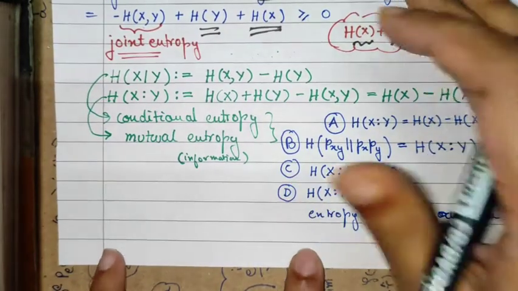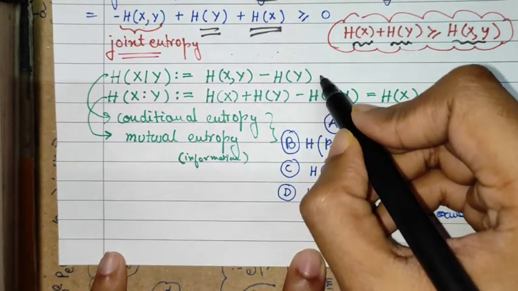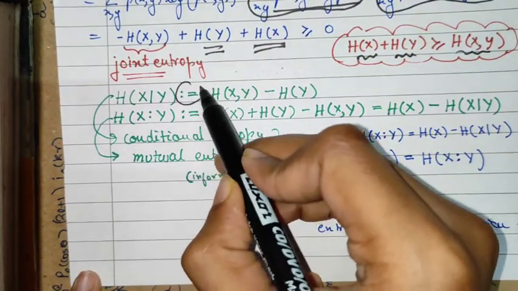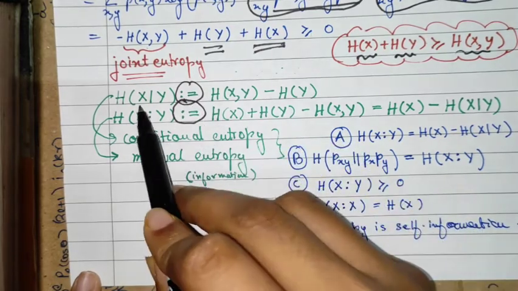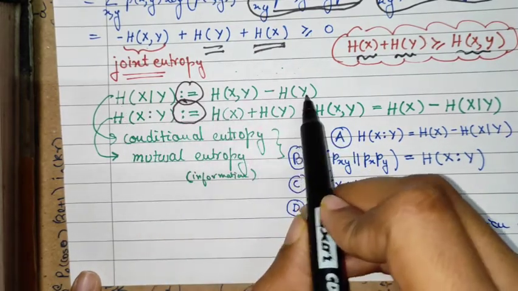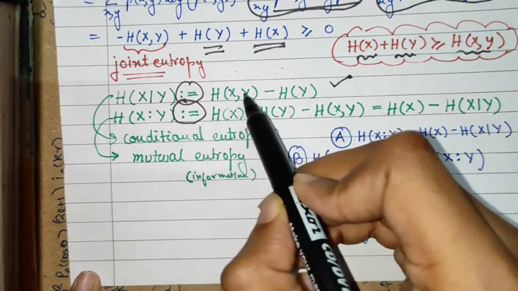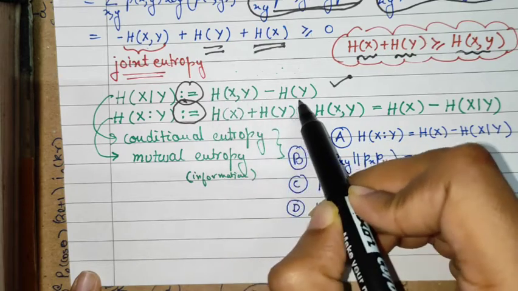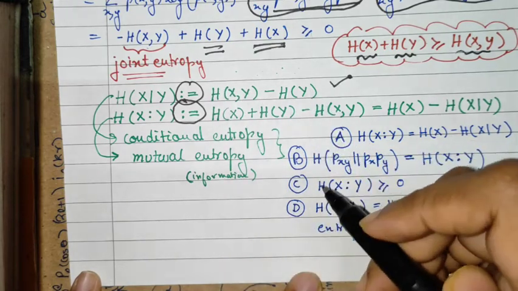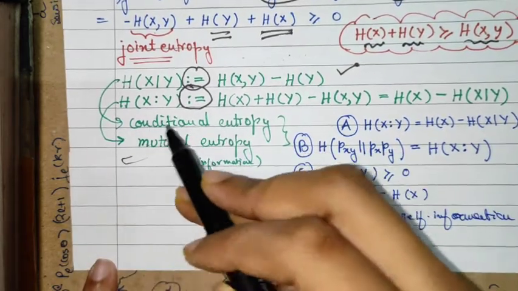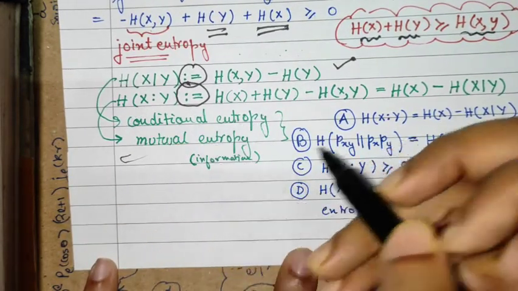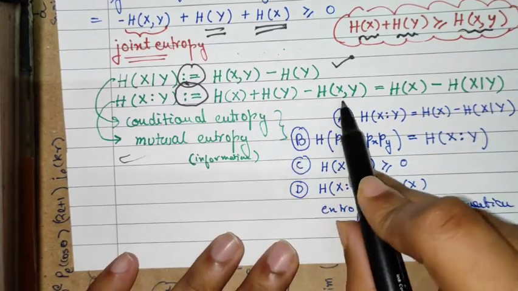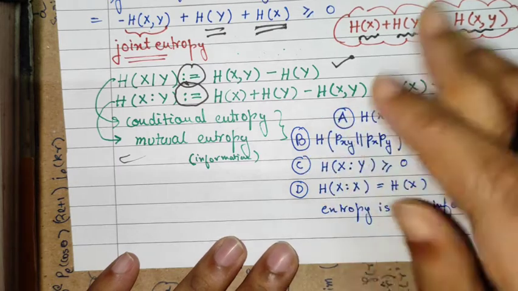So now we further define some definitions. There are two definitions, one is here and one is here. We say that this is called the conditional entropy, which is H(x,y), the joint entropy of x and y, minus the entropy of y. And we define something called mutual entropy or mutual information, which is H of x plus H of y minus H(x,y).